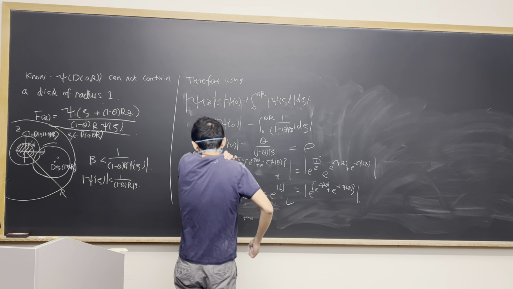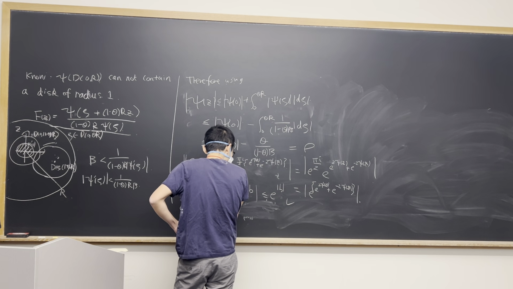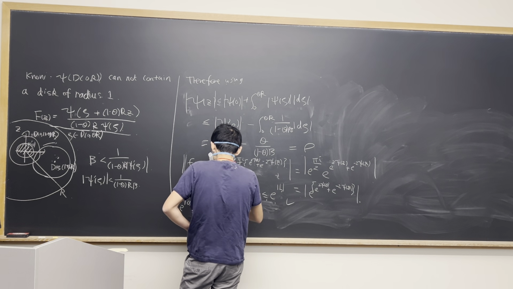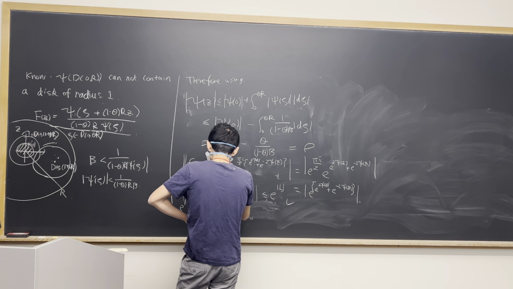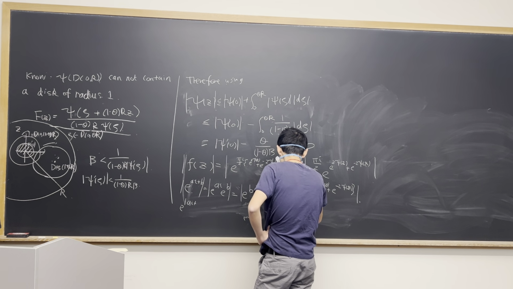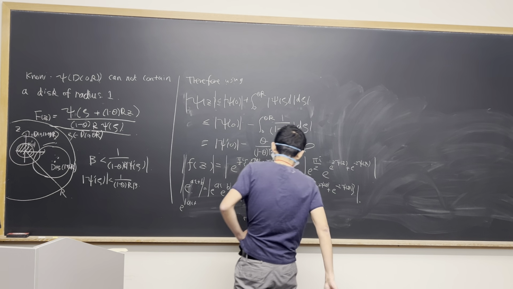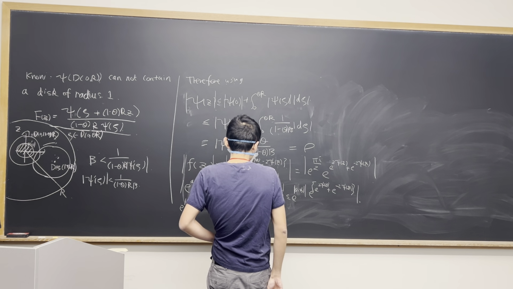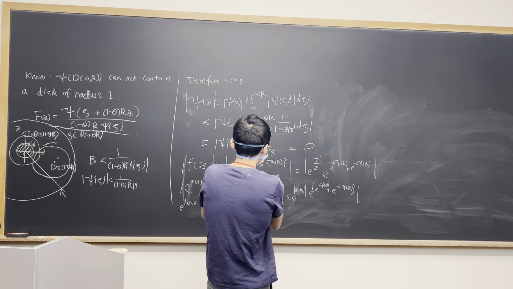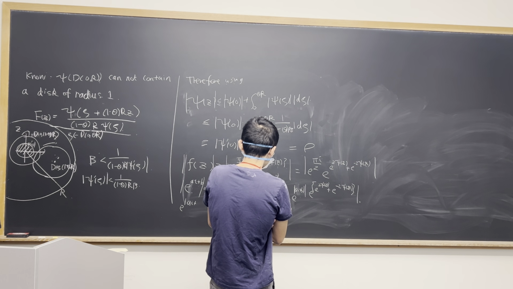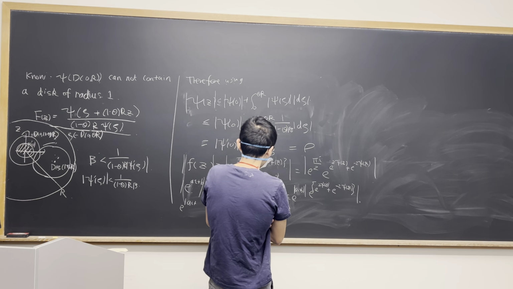So what happens if... basically we have to think that this is definitely less than or equal to e to the modulus of ai plus b, right?